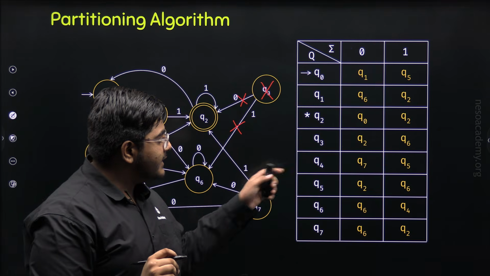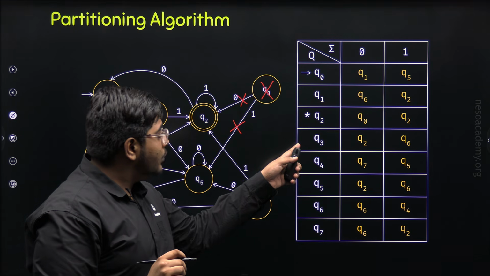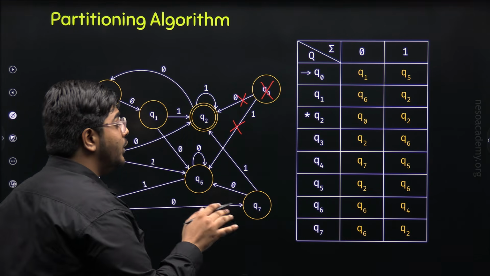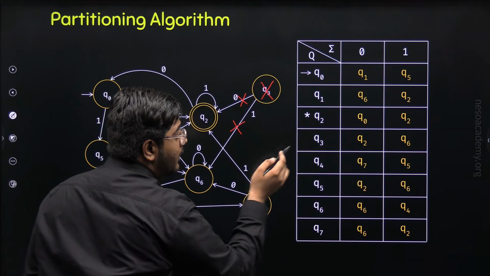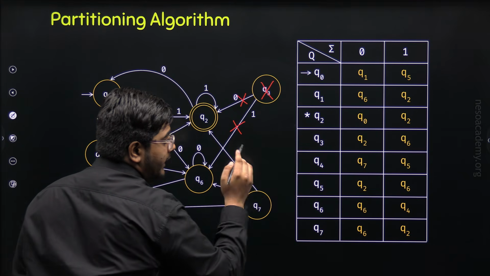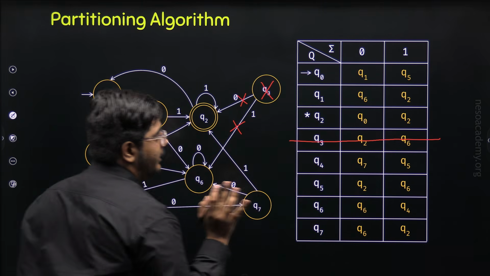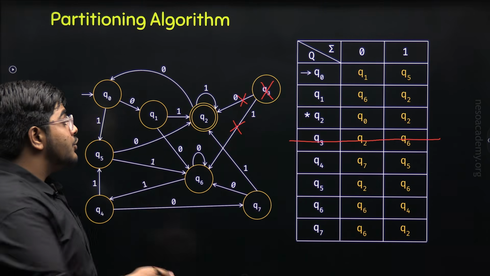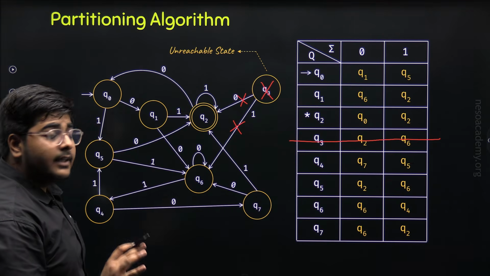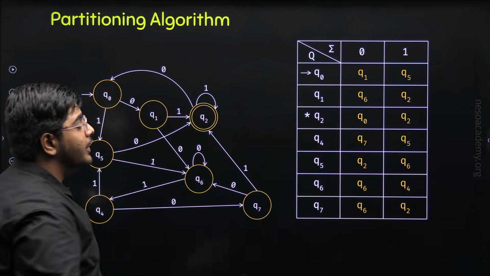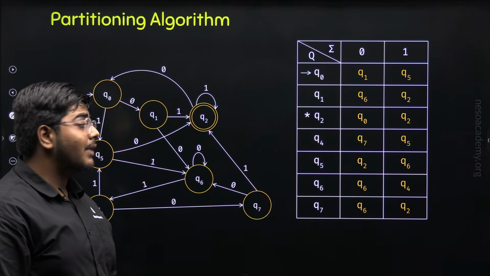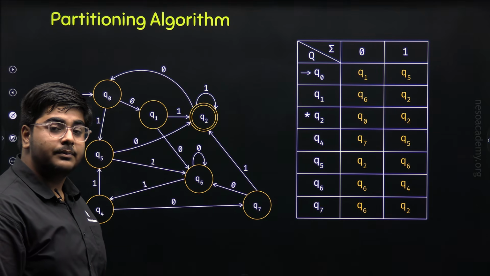But in the transition table also, Q3 is there. So we need to eliminate the row of this table corresponding to the state Q3. So we have to eliminate this row from our transition table. So Q3 is an unreachable state. That is why we will eliminate Q3 from this diagram as well as the transition table.